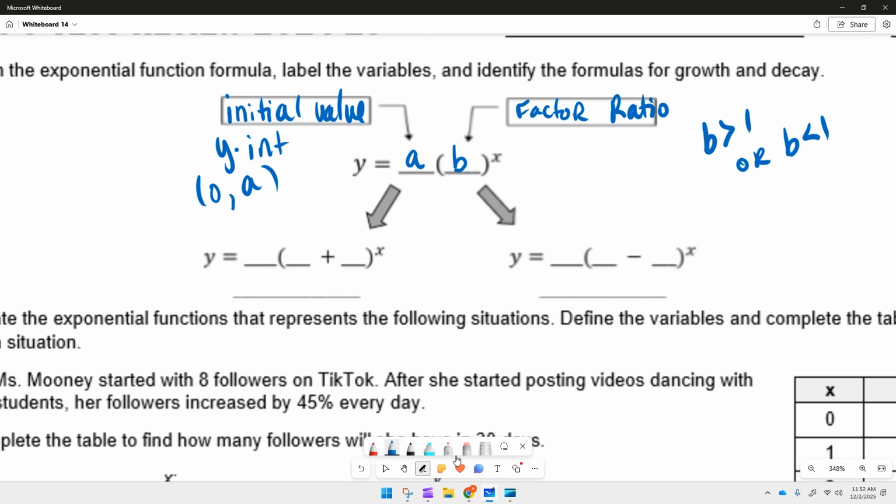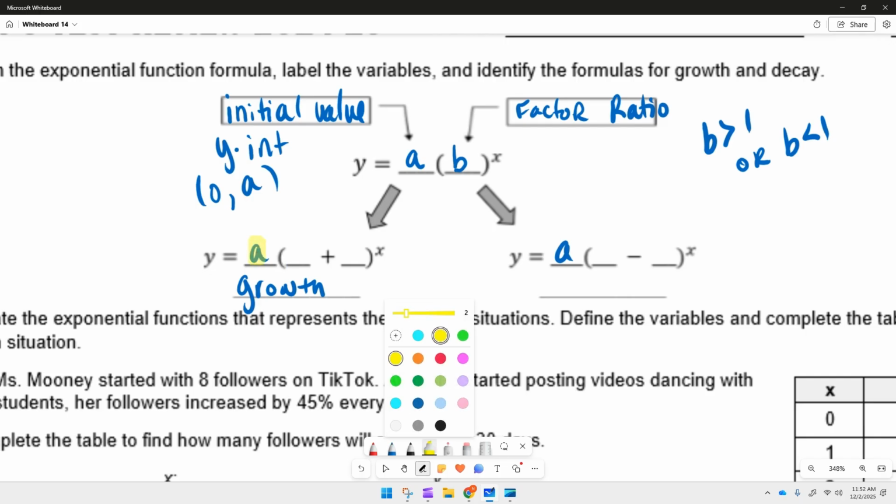Now, let's talk about how we get that. So when we talk about growth, where it's greater than 1, okay, we still have our a value, okay? So this a value is the same here, here, and here, okay? The b value, where begin, is this whole thing, okay?